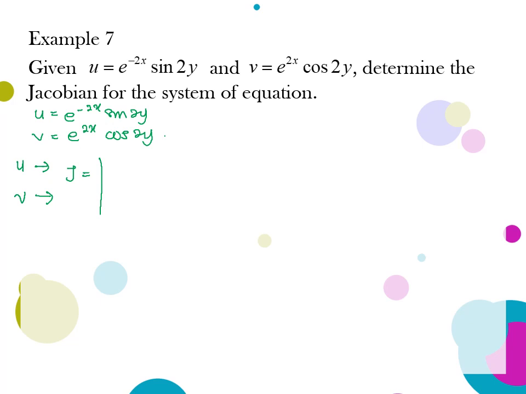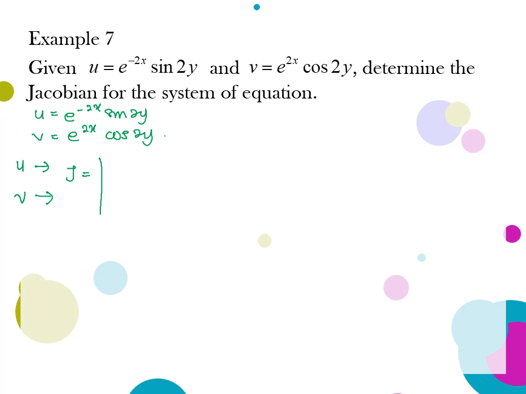So the order is, in the first row I will perform partial derivatives for all the variables involved for function u, the first function, and the second function v will be partially differentiated in the second row.